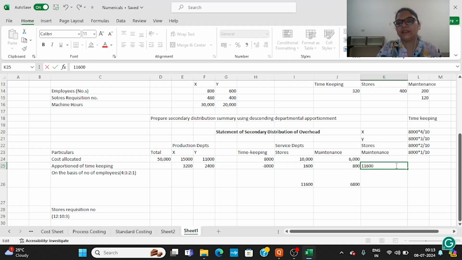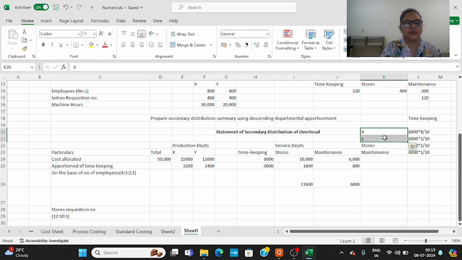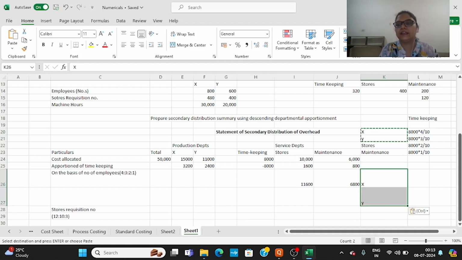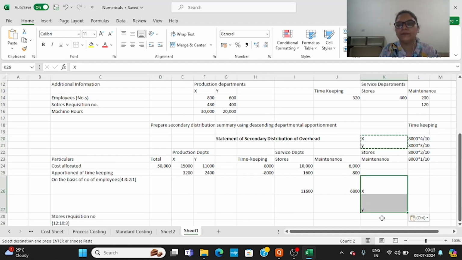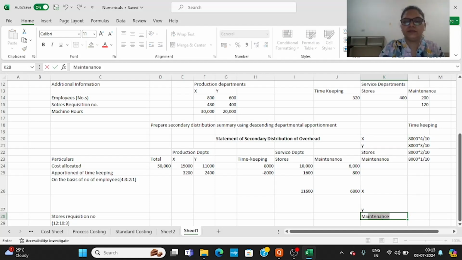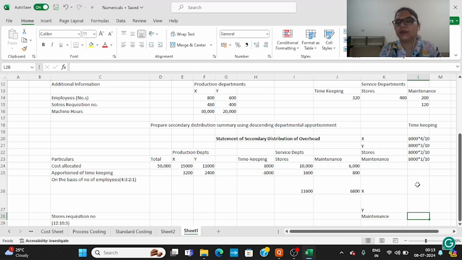Let me type it again for giving you more clarity. First we will do it for X and Y, then we will do it for the maintenance department. We will allocate the cost in the maintenance department.